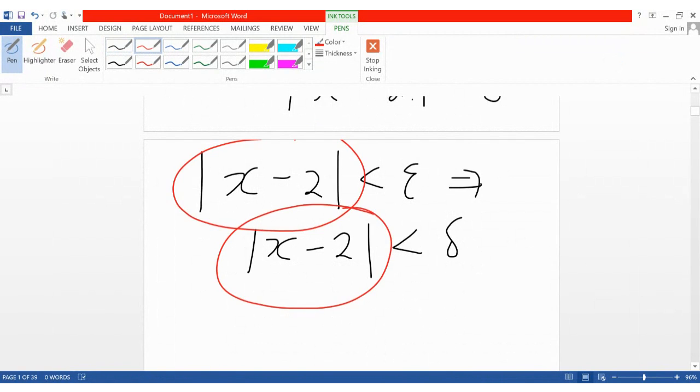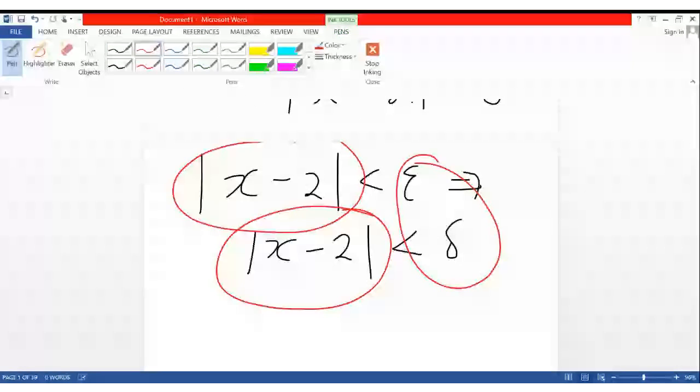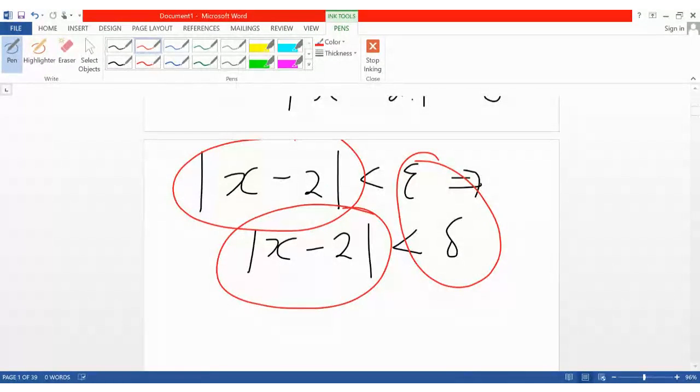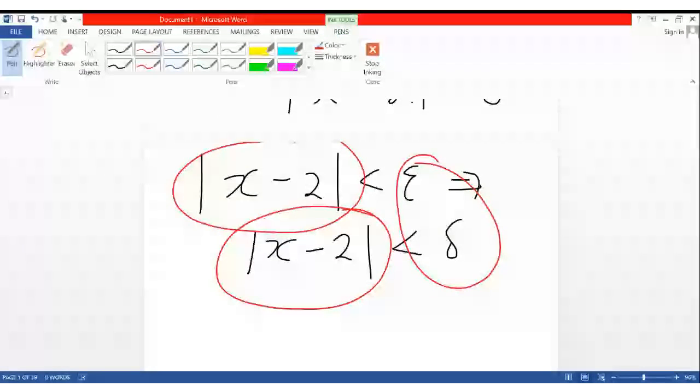Which relationship can you give me between delta and epsilon? All of them are giving me the same thing. So what can we say about delta and epsilon? Can someone try? The magnitude of x minus 2 is less than delta, is less than epsilon. So what can you say about the two?